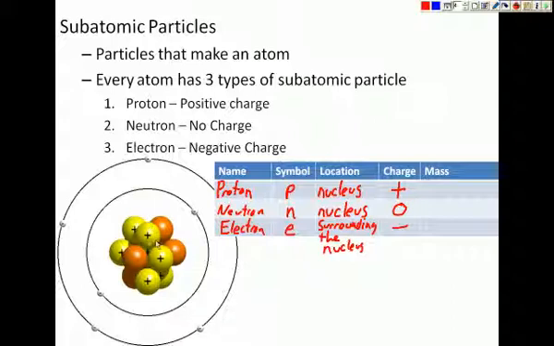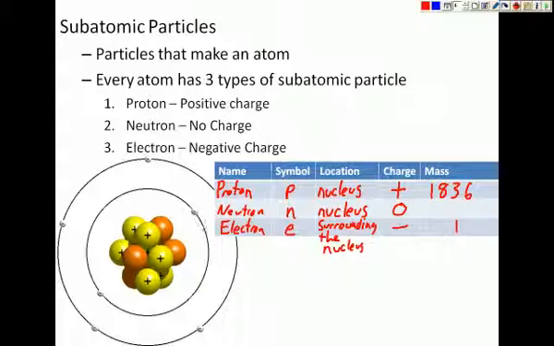The mass of a proton in comparison to an electron, a proton is much, much larger. In fact, if an electron was given a mass of 1, so a relative mass of 1, a proton's mass will be 1,836.